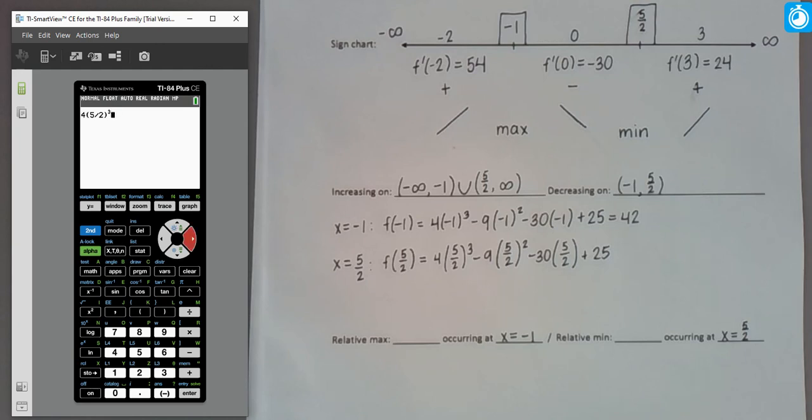Okay, be careful, make sure you have all those parentheses where they need to be, minus 9 times 5/2 squared, minus 30 times 5/2, okay, plus 25. And there we go, and that's what we're evaluating. So double check you typed everything you wanted, and then just hit enter and it evaluates.